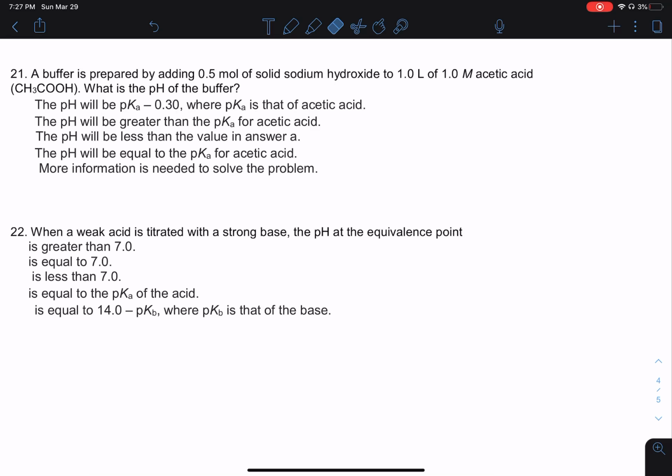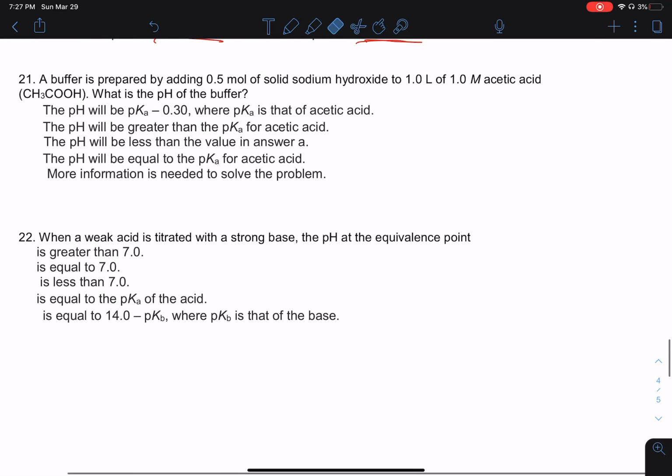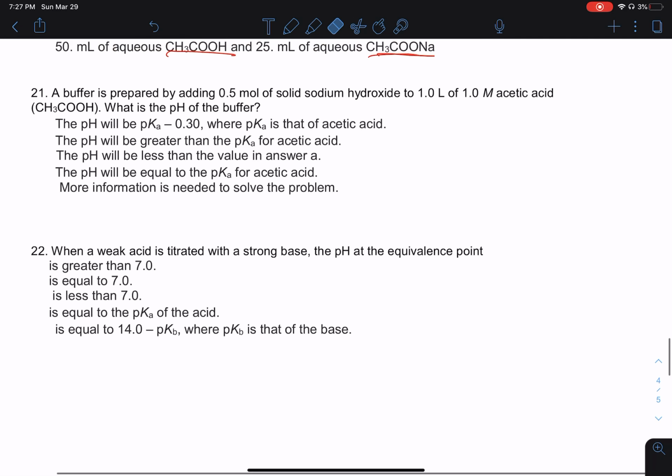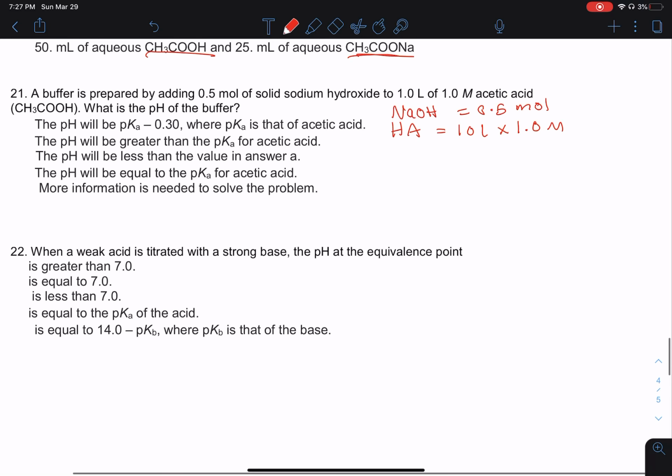Okay, so we know the number of moles of NaOH is 0.5, and of the weak acid, which is acetic acid, we have 1 liter times 1 molar, and that is equal to 1 mole.